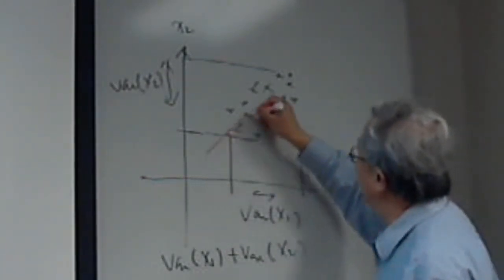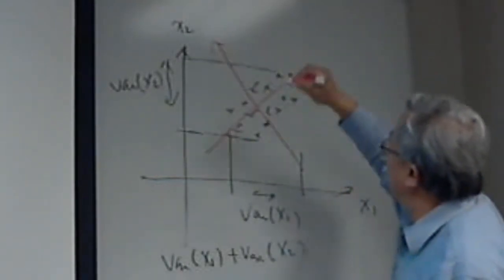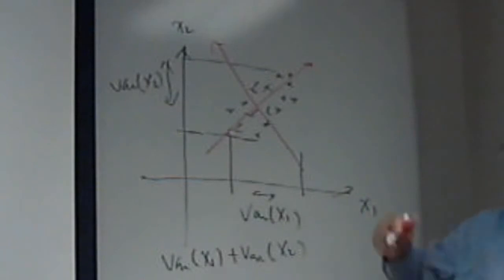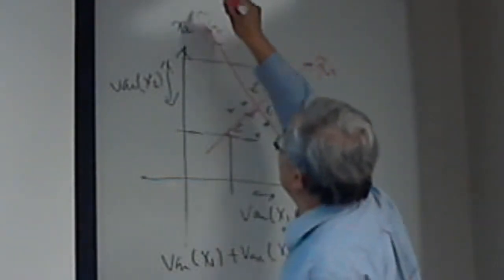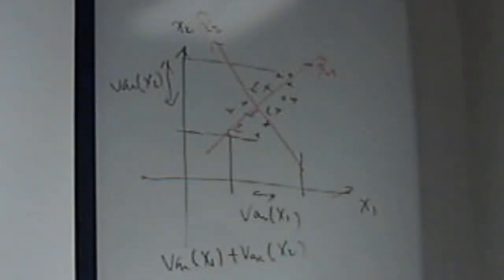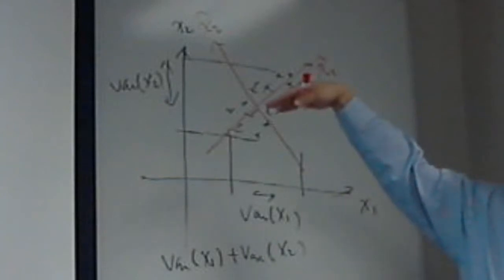Basically you rotate your data set into new variables. Here, this is x1 tilde, by relocating the center and also doing a rotation.